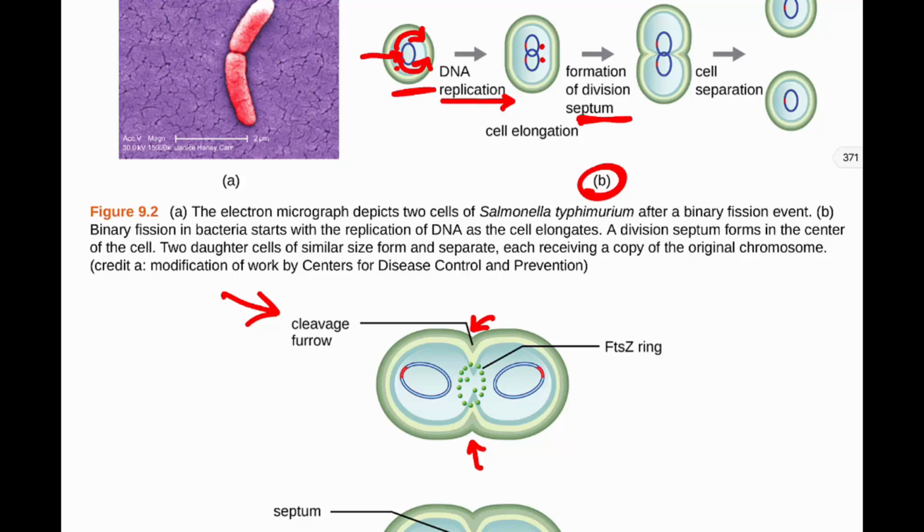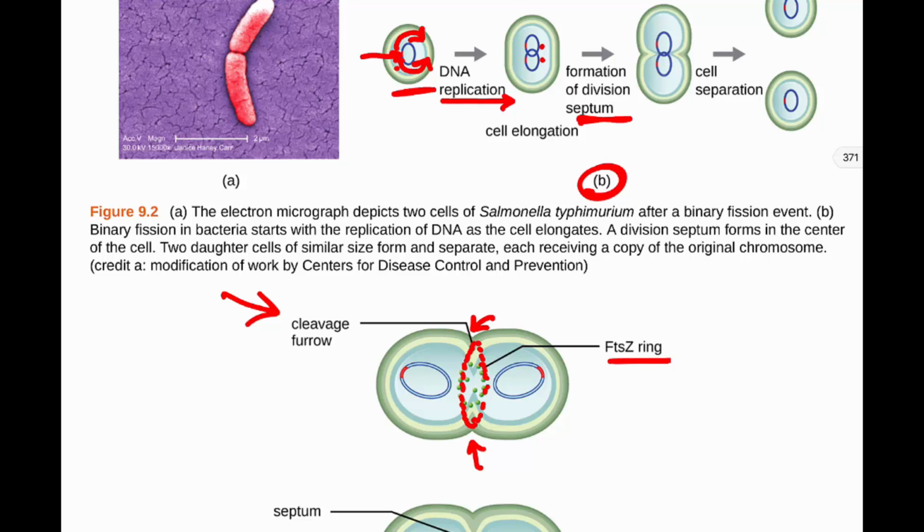And this is due to this FtsZ ring. So you can see they've placed these proteins, this Z ring, and its additional proteins in this center area. So it's going along this region here and then back.